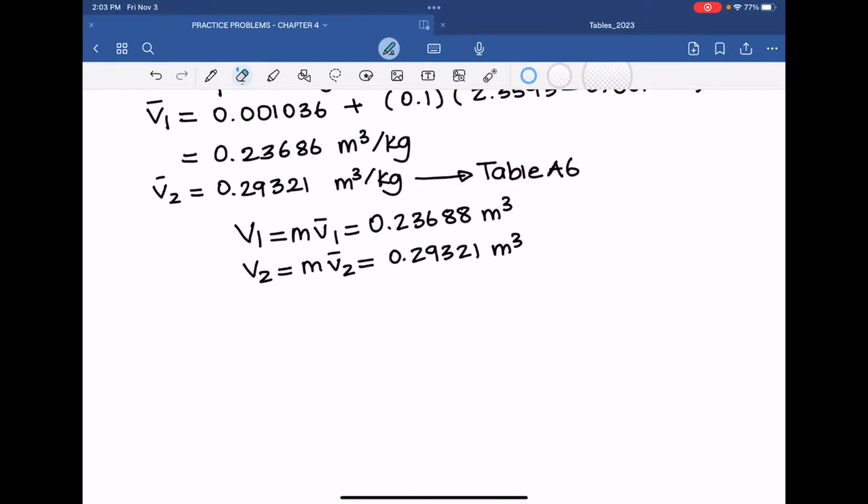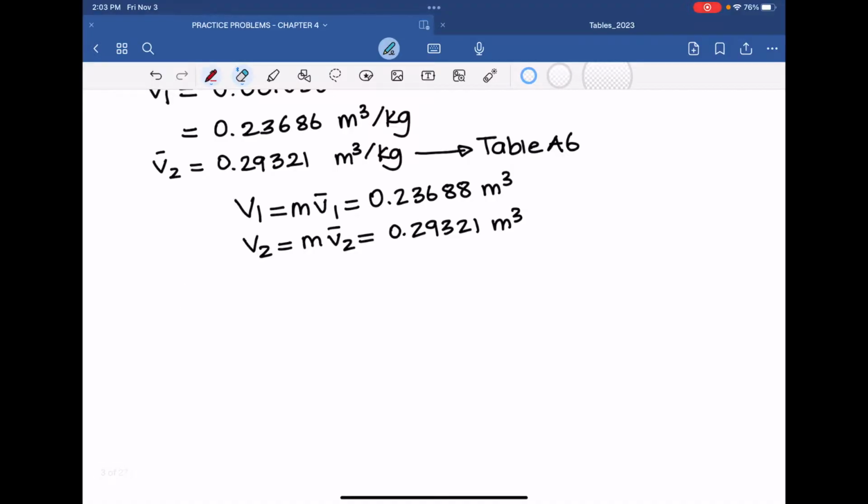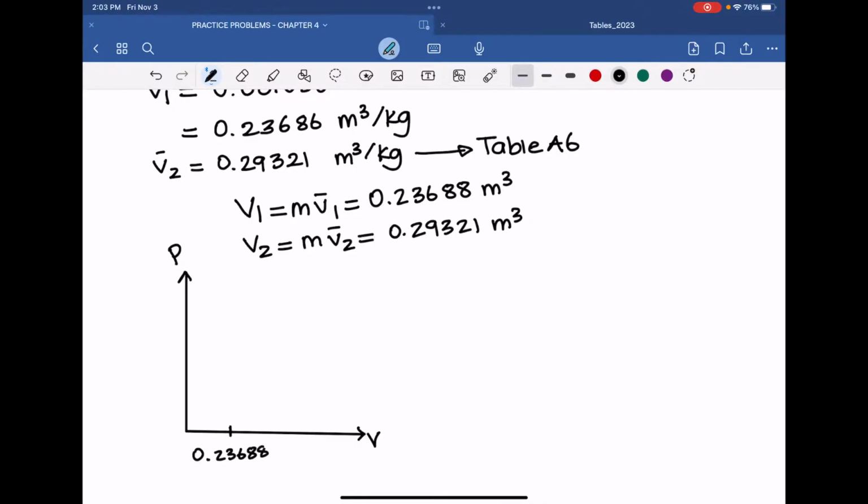Now the next thing is creating the PV diagram. Initially the volume was 0.23688.